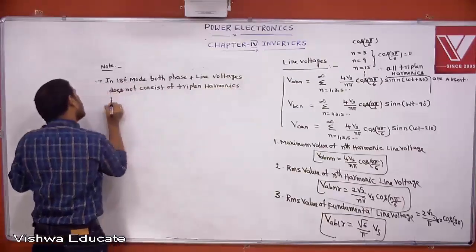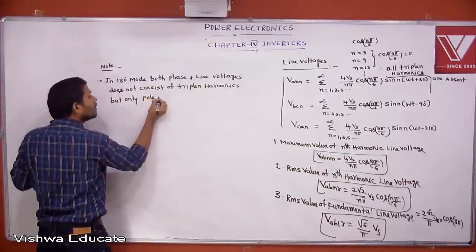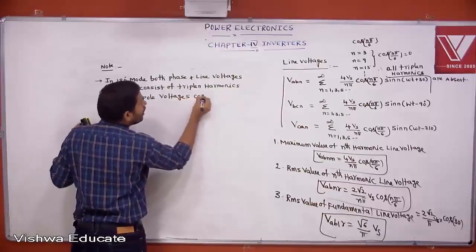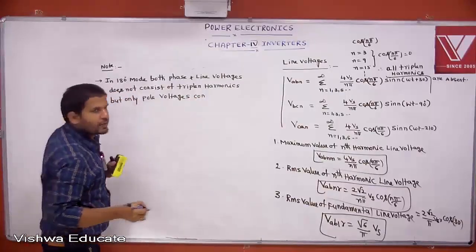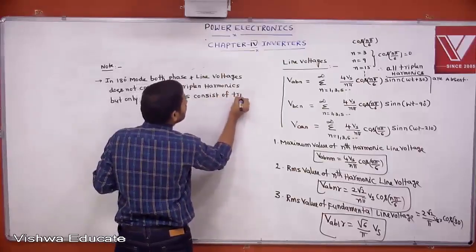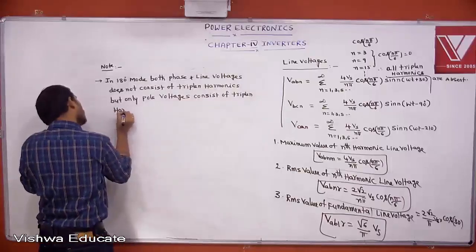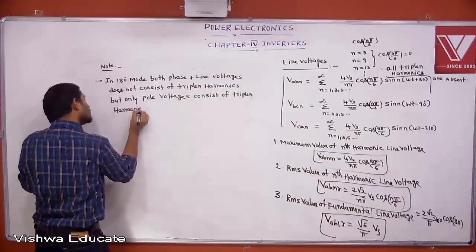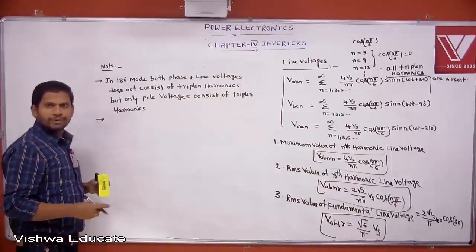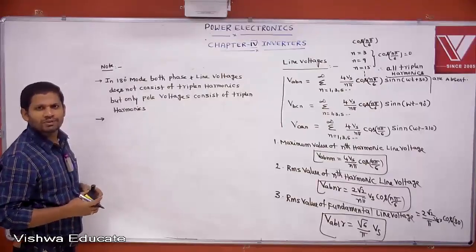But only pole voltages consist of them; how to measure the pole voltage, I gave at the starting. Only pole voltage consists of triplen harmonics. Okay. That's one point you remember. But inherently, even harmonics are absent.